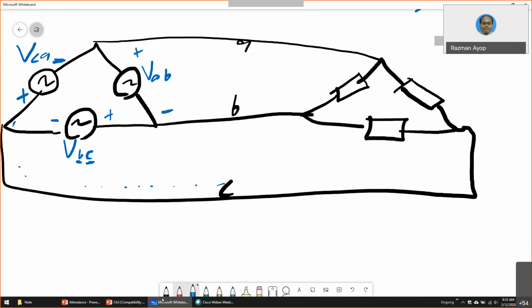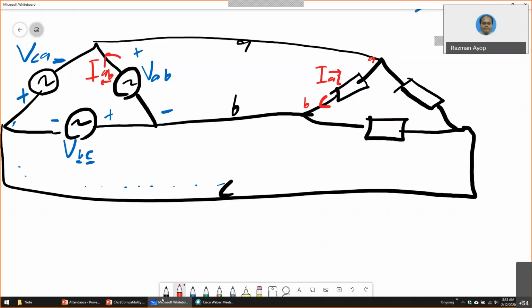How about current? Current positive sequence is IAB. For the generator, IAB goes from B to A. For the load, this one is A, this one is B. If IAB is like this, the current goes from A to B. So make sure you know the difference.